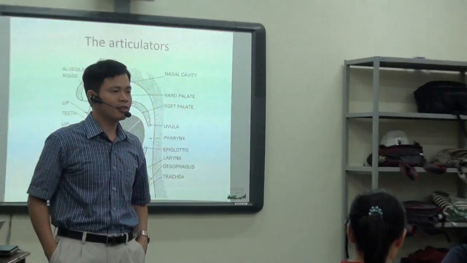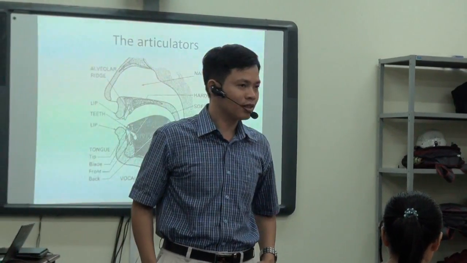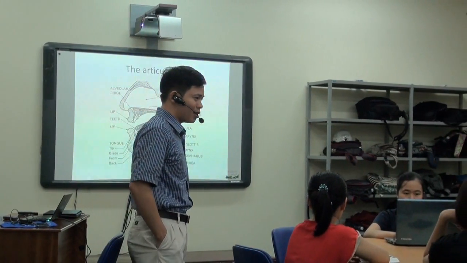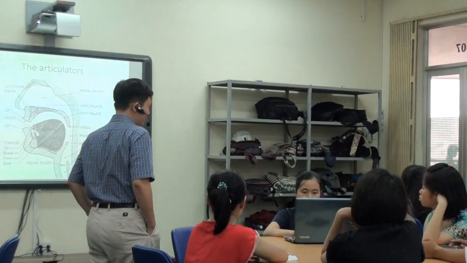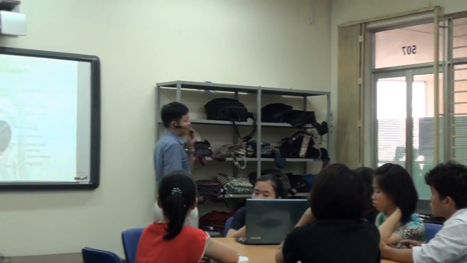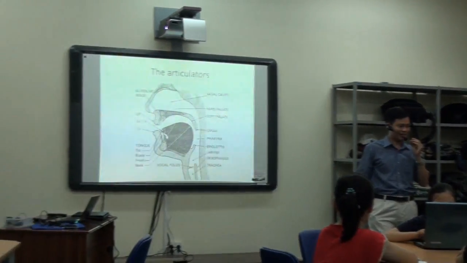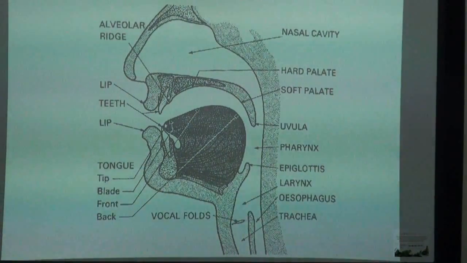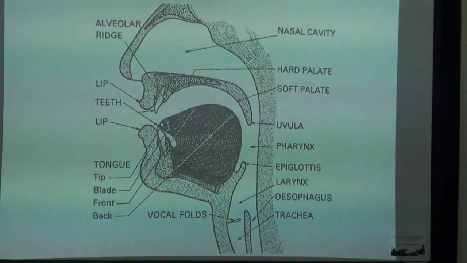Now, before talking about consonant contrast, we need to review some of the terminologies. We start with the articulators, the speech organs that help us to make sounds.